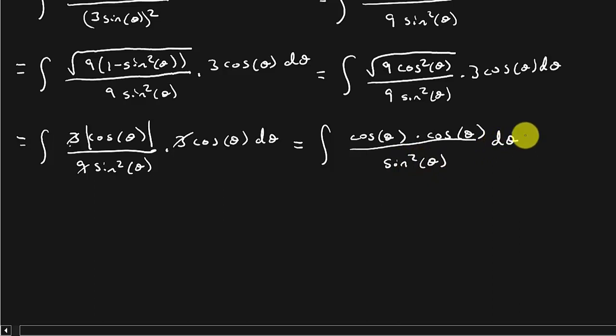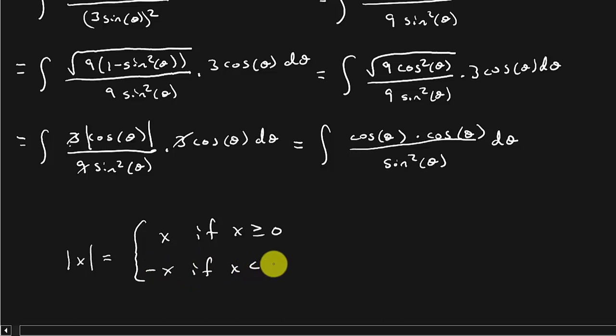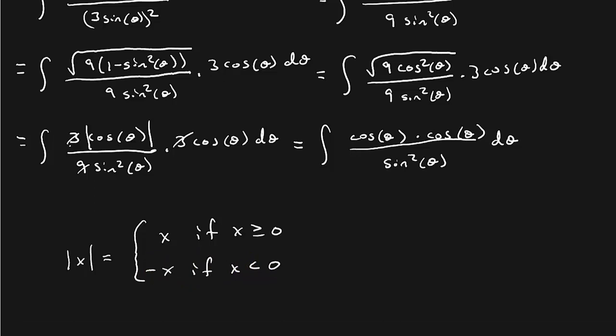All right, now how was I able to write cosine theta here? How was I able just to drop the absolute value and just write cosine theta? Well, remember, if you have the absolute value of x, that is equal to x if x is greater than or equal to 0, and negative x if x is less than 0.